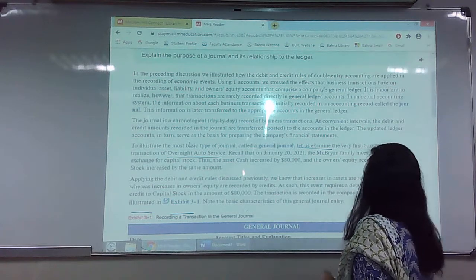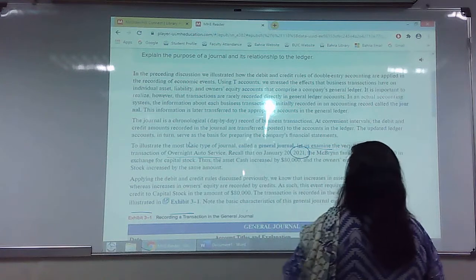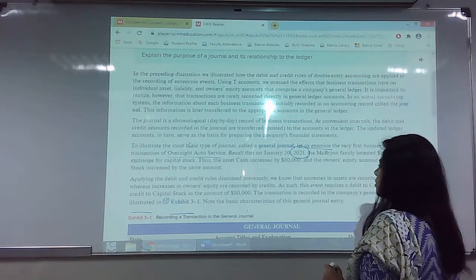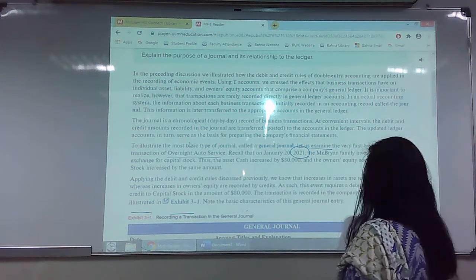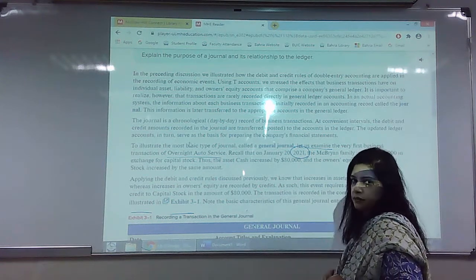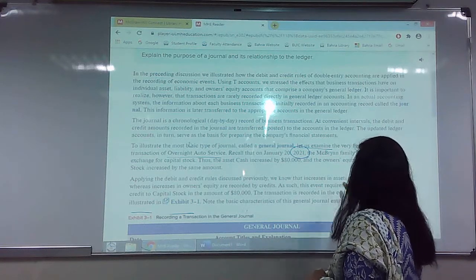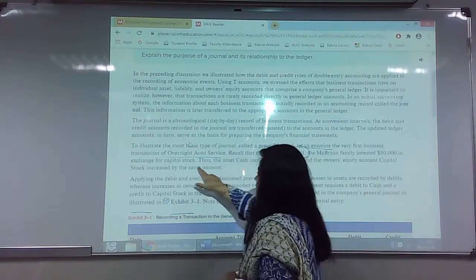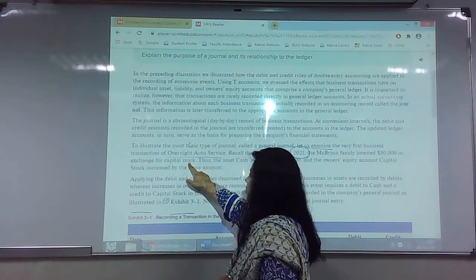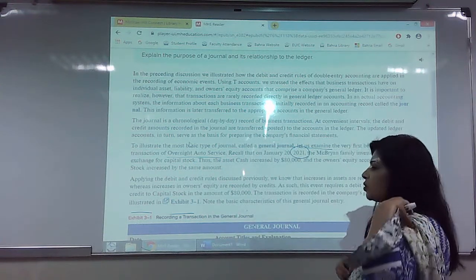They have maybe made a hodgepodge with the year. You could just consider it as 2020 at the moment, that they invested 80,000 in exchange for capital stock, or that this is equity, in other words, that they invested 80,000 in exchange for stock.